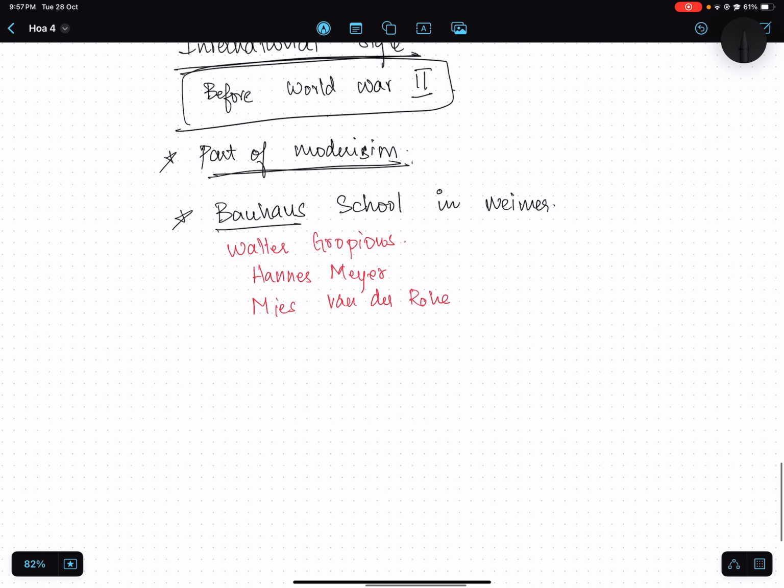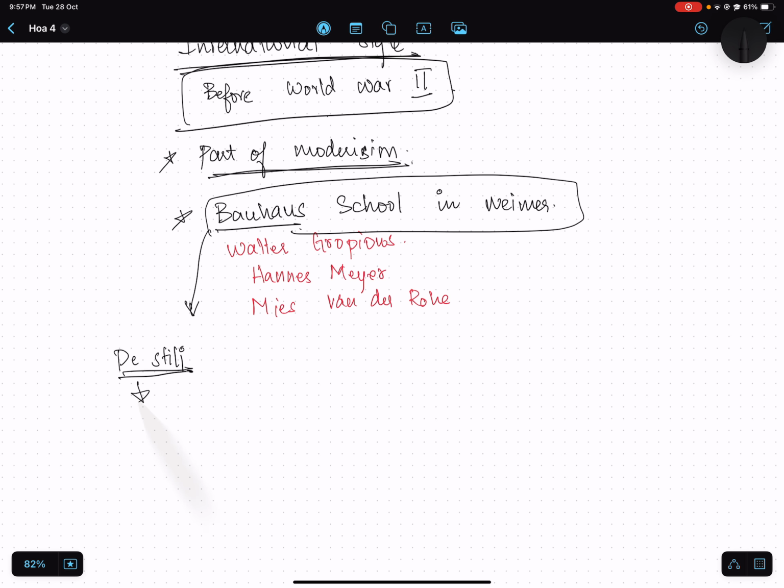And the Bauhaus school style was deeply influenced by two things. One is De Stijl, which was very abstract geometric forms and use of just the primary colors, and something called the Werkbund.